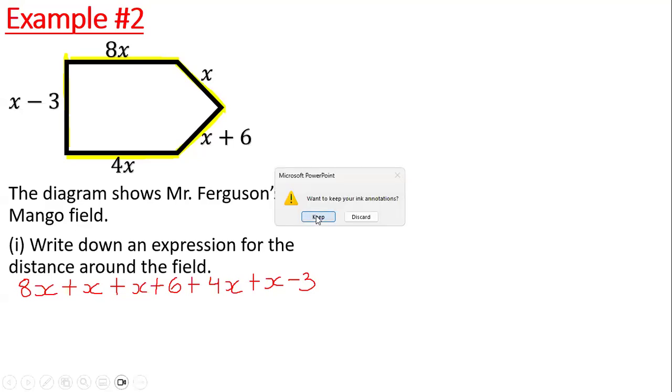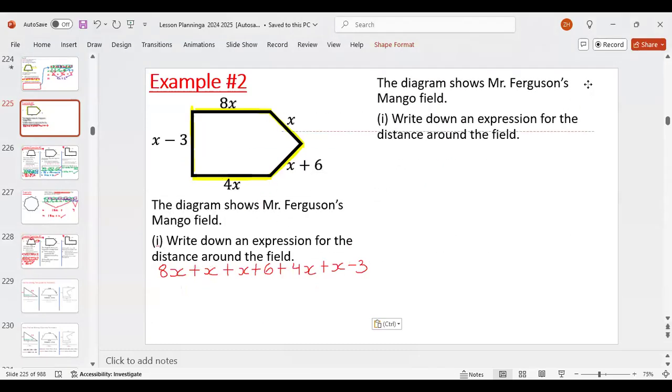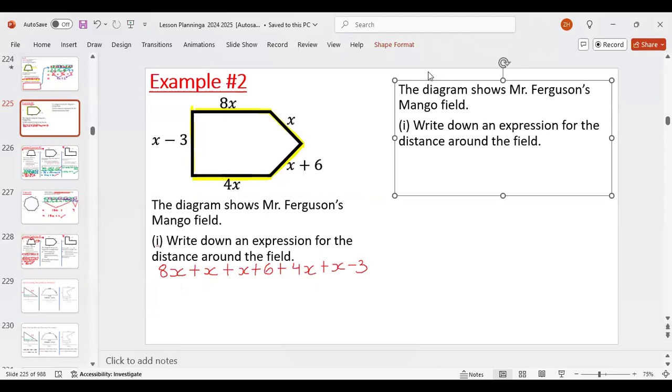Where's Lavender? Do you understand this, Lavender? Yes, sir. That's good. Go ahead, Miss Cash.